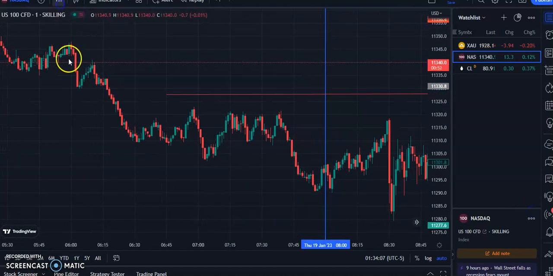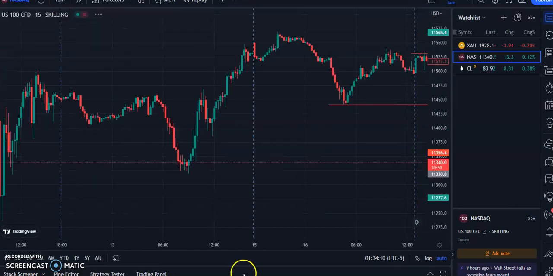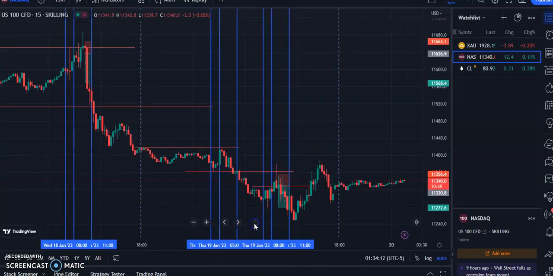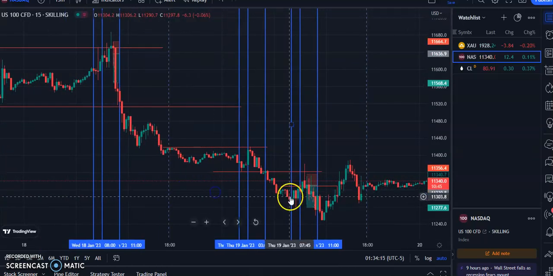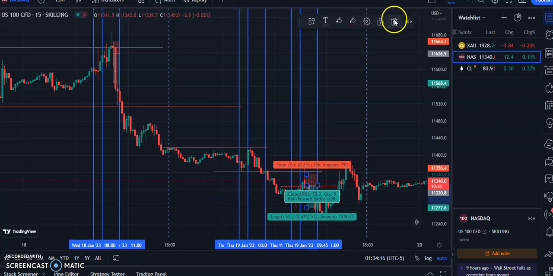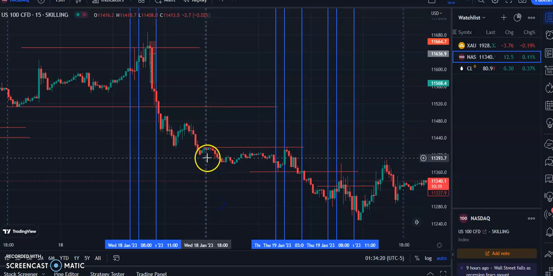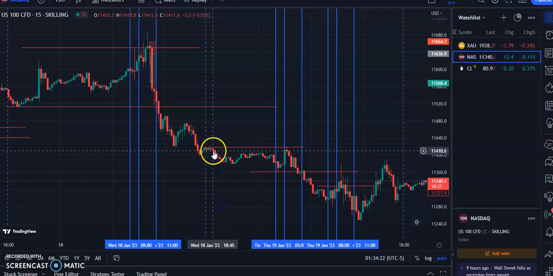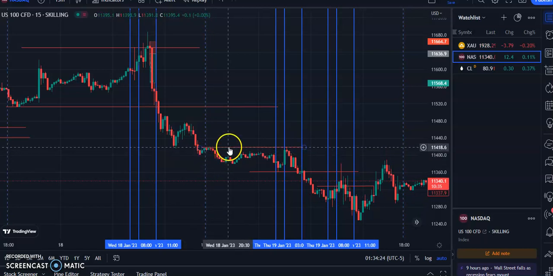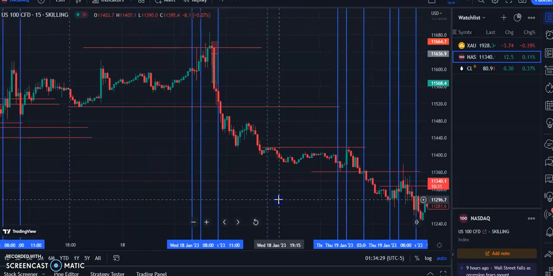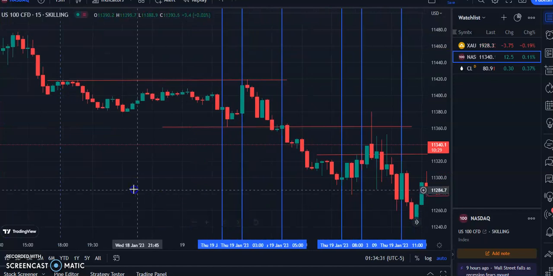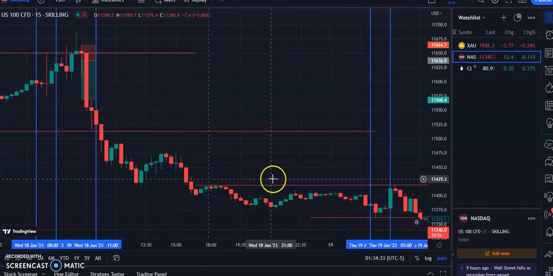Now, the first thing was we draw our initial balance. So 1 2 3 4, this is our initial balance. All right, now the market breaks down.